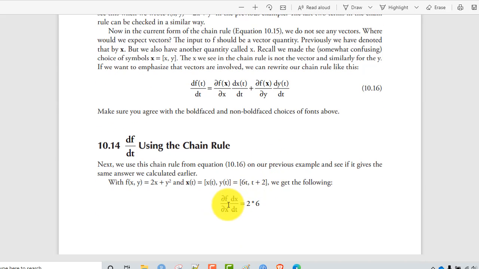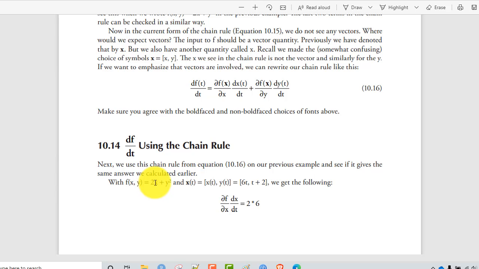If we're going to use that in this example, the first term is the partial of f with respect to x times the full derivative of x with respect to t. So we need the partial of f with respect to x. Remember, if you take the partial of this with respect to x, then this is a constant.